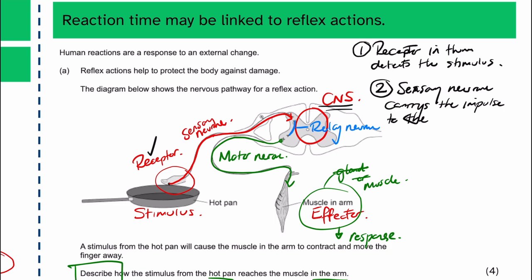That's just an abbreviation because we can't bother to write it, but it stands for central nervous system. If this is your exam, please write it out properly, all right? So it carries it to the central nervous system. And then what you can do is you can write CNS next to that, because now the examiner knows that you're referring to that.